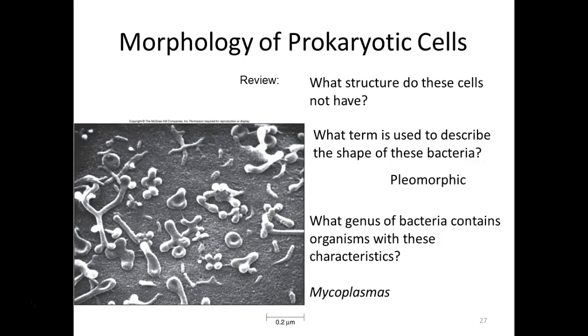Here, myco, again, think about the fact that they kind of stretch out sometimes, and so they are misconstrued as being hyphae or fungi, right, of being mold. So that's the myco term, because remember, mycology is the study of fungus, right, and molds and yeast. Plasma refers to the fact that these guys just have a plasma membrane, right? They don't have a cell wall. So I always think myco, fungi-like, plasma just has a cell membrane, a plasma membrane, no cell wall.